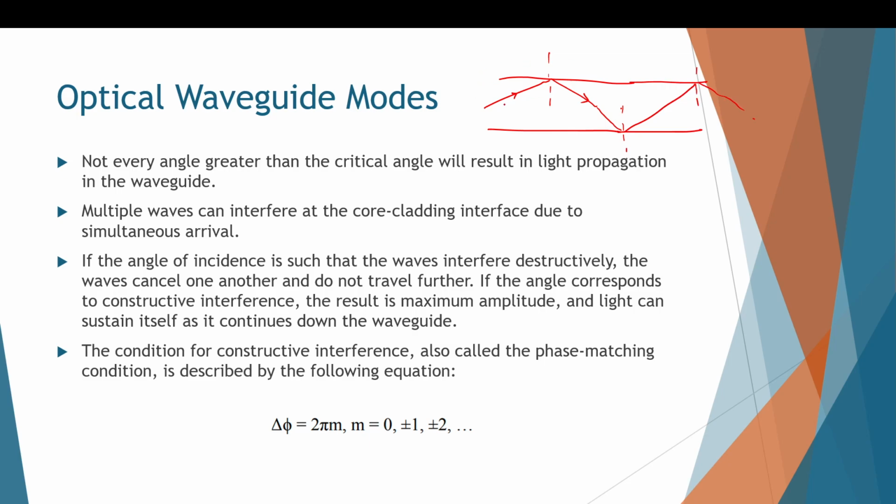But when we go towards smaller dimensions, we see that this ray optic picture is no more valid, and we need to consider this light as a wave. So if I consider it as a wave, and these are my wavefronts.